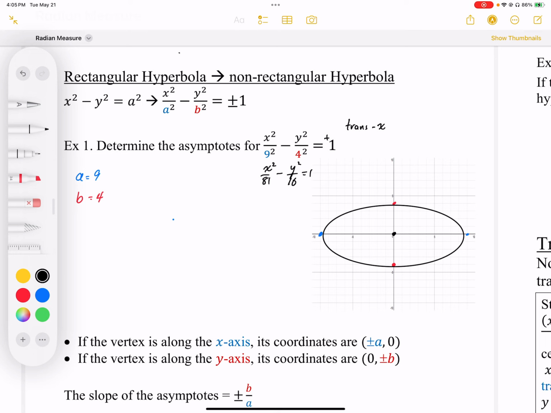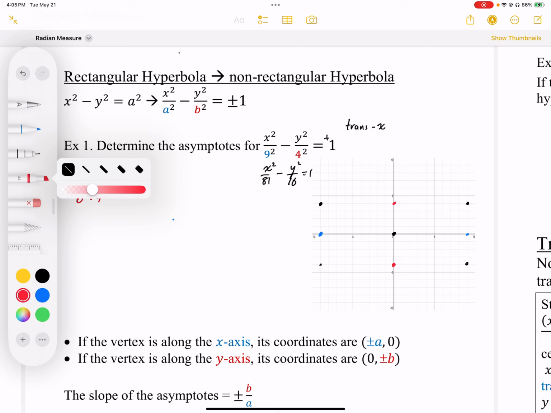Okay, this is different. With the non-rectangular hyperbola, those points allow me to work out those diagonal asymptotes. So I'm going to mark the corners here of this box. Okay, so I want you to imagine a box here.